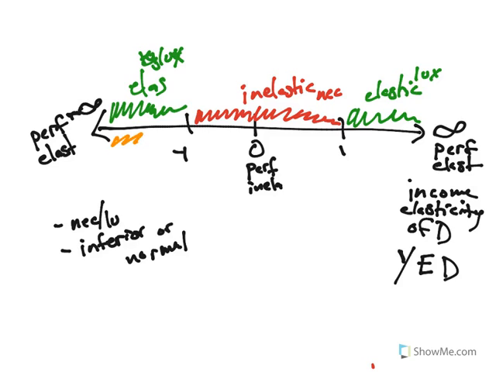And anything that is negative, a negative income elasticity, is an inferior good. And anything with a positive income elasticity is a normal good. Okay, hopefully that will help you kind of organize your thoughts about how to interpret different values of elasticity.